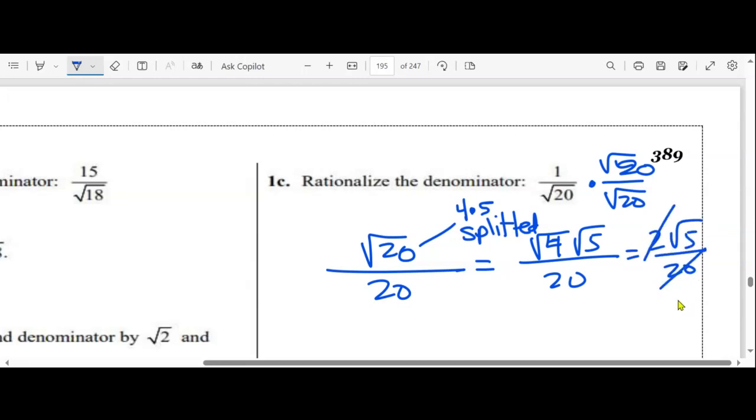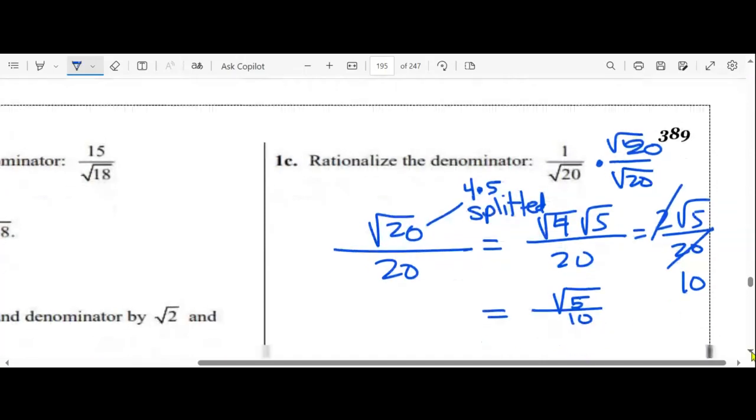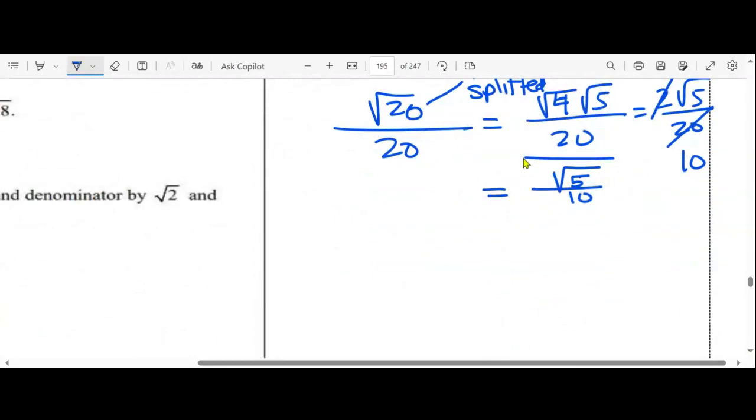And you can cancel 2 with 20. You get what? 10. So the square root of 5 over 10. Is that clear? Any questions? No. Next.